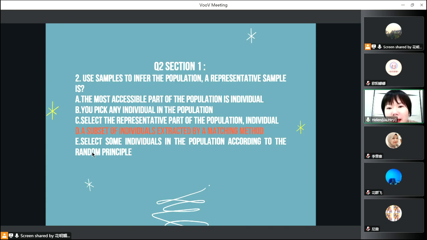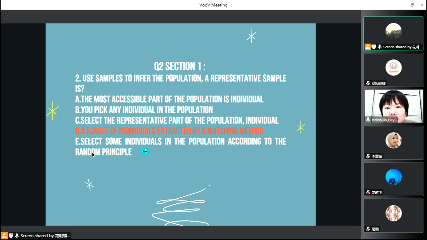B, you pick any individuals in the population. It's also not a random sample, yes? C, select the representative part of the population, individual. I want to know why you don't choose C. What is the reason?